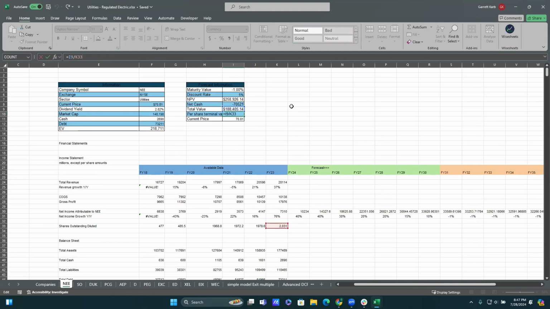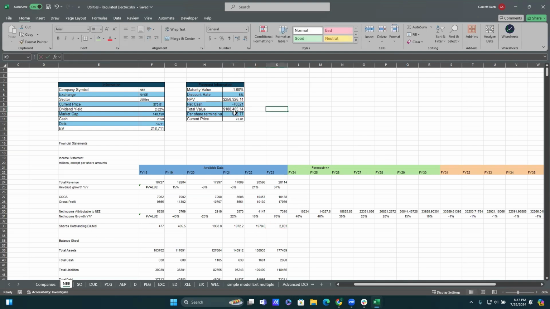Dilution, if you guys don't know, is considering insiders. Basic shares doesn't consider every share, so I typically use diluted. It's just adding insiders' shares. So we divide total value by shares outstanding diluted.